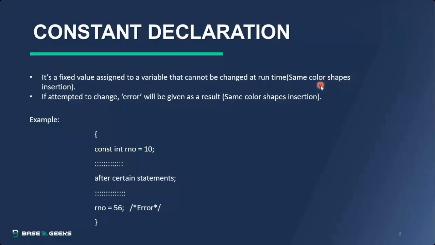Okay, so same color shapes insertion. Can you understand? While I'm trying to change the value after giving it as constant, the system will not accept it, the compiler will not accept it. So if attempted to change, an error will be given as a result. Okay, so the same color only I should insert. If I insert some other shape, surely it is going to produce an error.